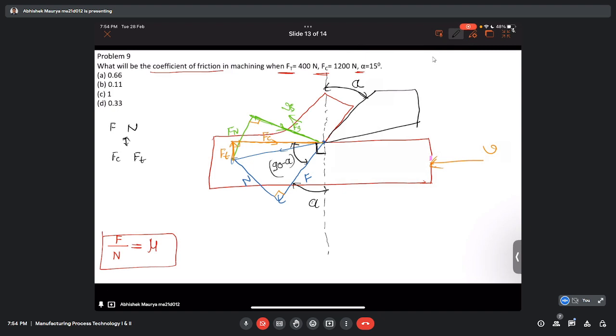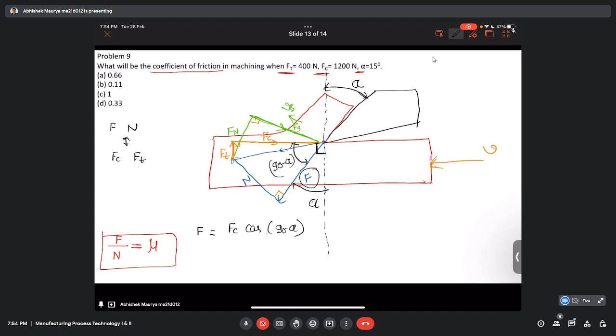Okay, so if we try to write the friction force between the chip and the tool in terms of FC and FT, what will we get? F is equal to FC cos(90 minus alpha). FC is here.